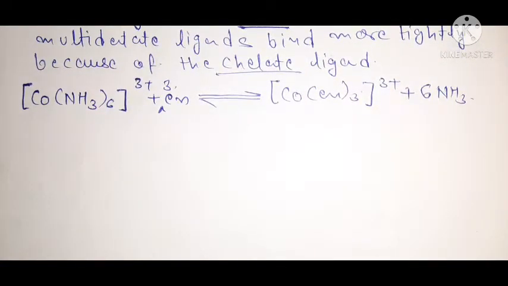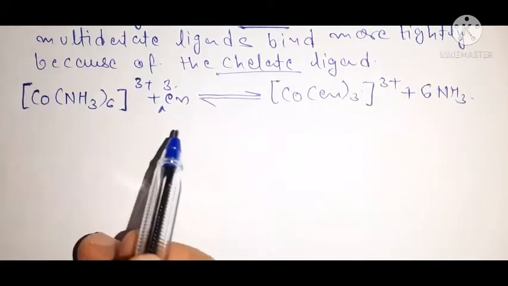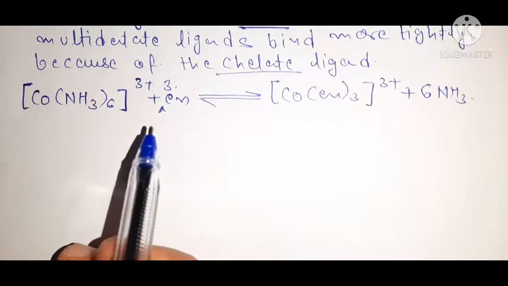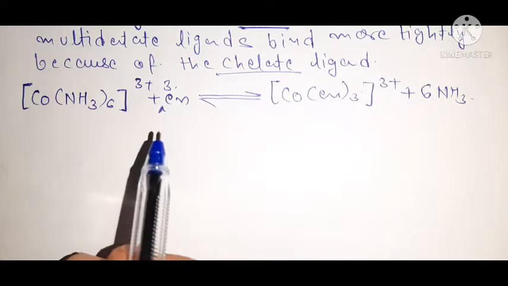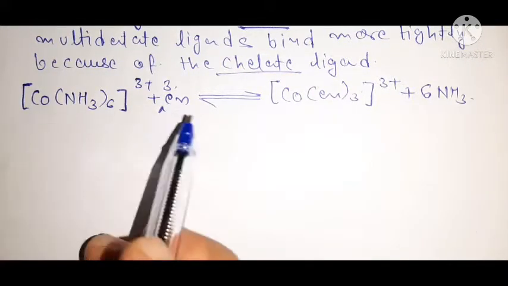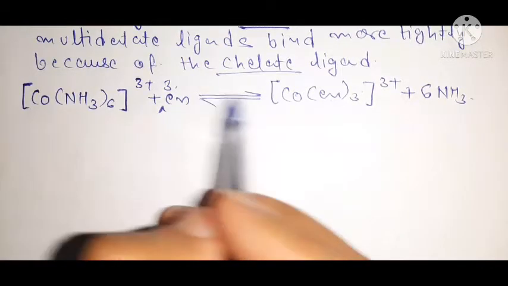So now when you see your question, they will ask you whether the chelate effect is predominantly due to enthalpy change or entropy change, or due to equal contribution of both. So after this conclusion we may talk about the enthalpy and entropy change during this reaction or during the chelate effect.